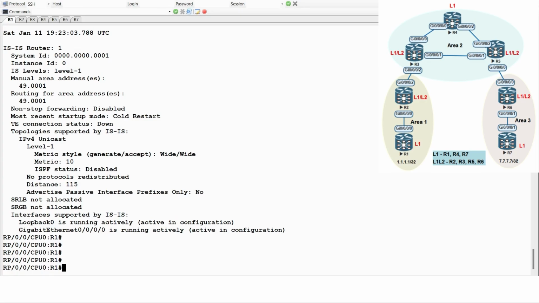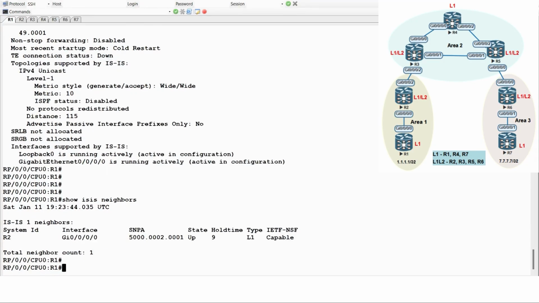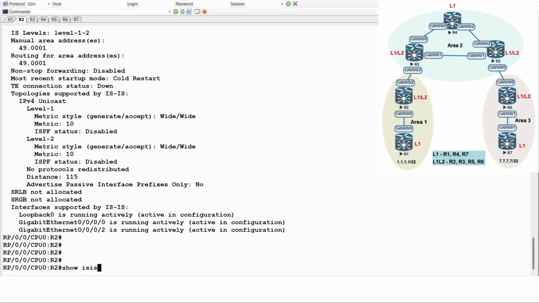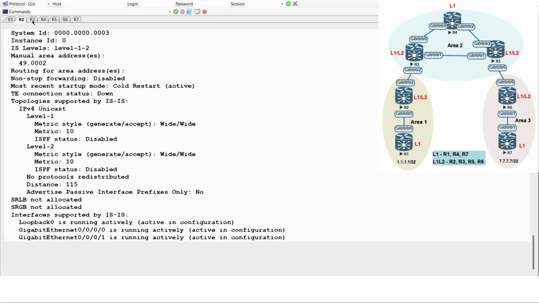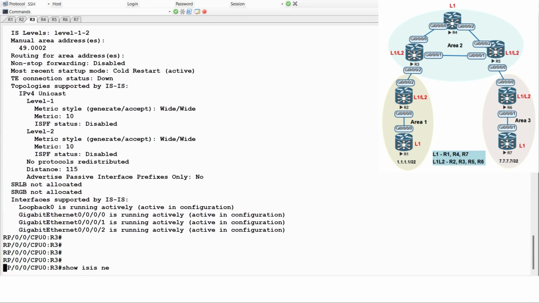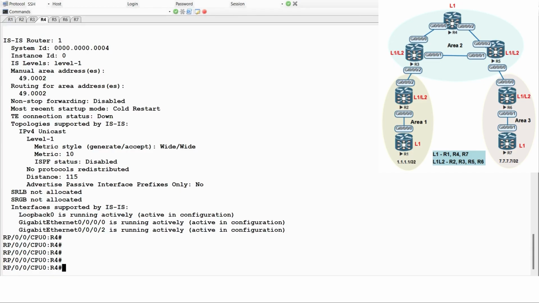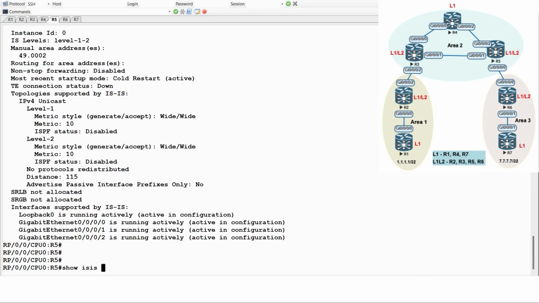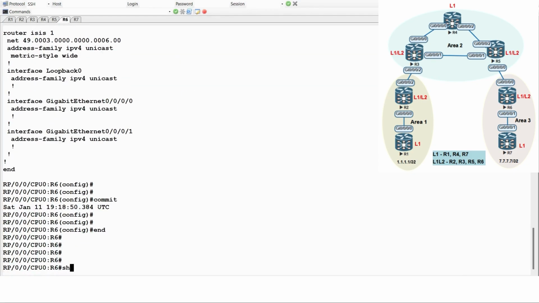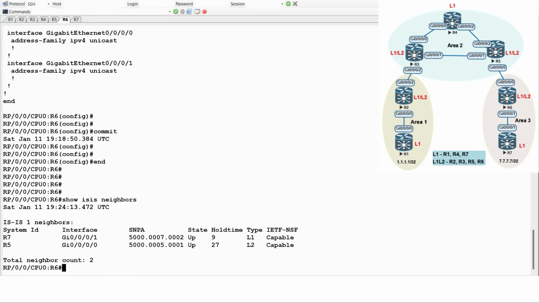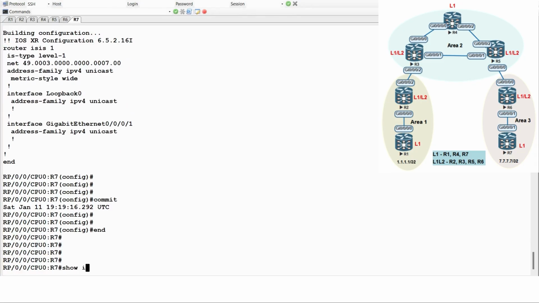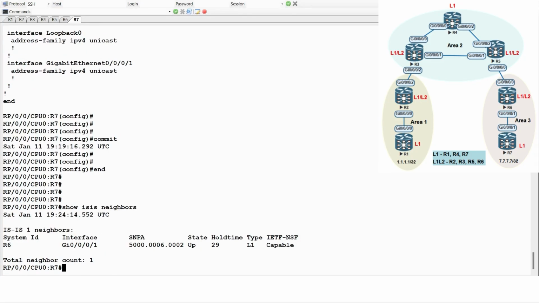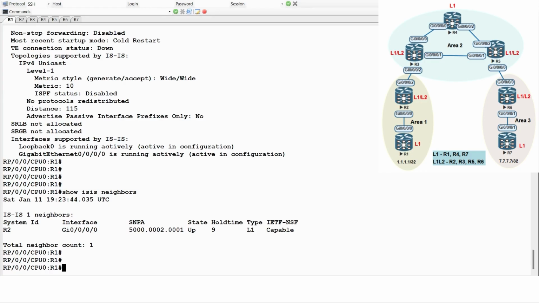The next step is to verify the ISIS neighborship. In the next step, we will verify the link state database of each router.